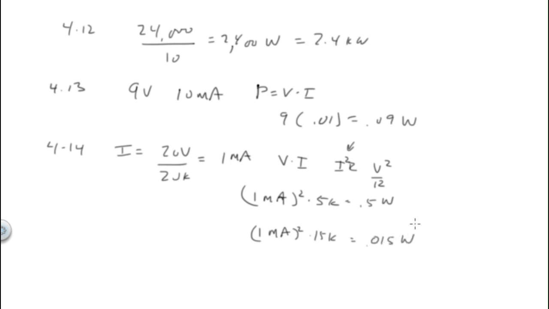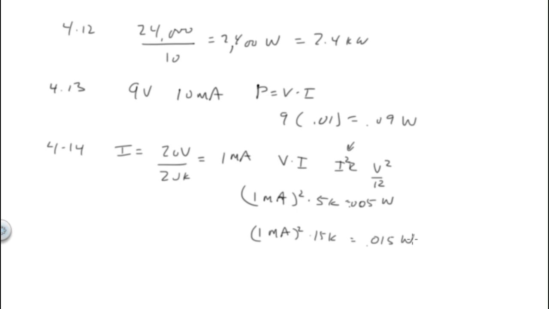Let me do the 1 milliamp again. Okay, so 0.001 quantity squared times 5,000, and that's 5 times 10 to the third, so that's 0.005 watts and 0.015 watts. That's the answers for 14.